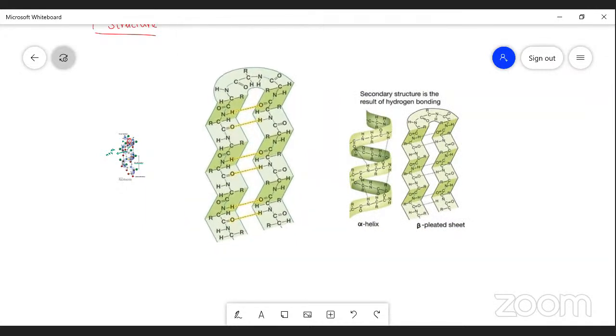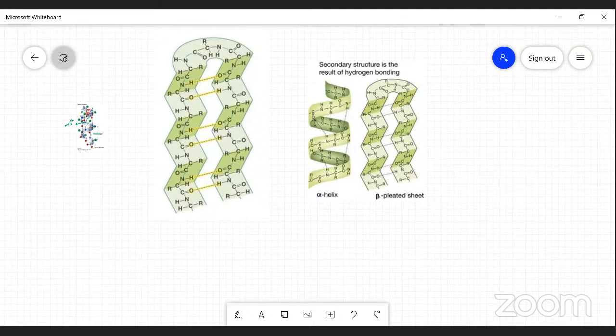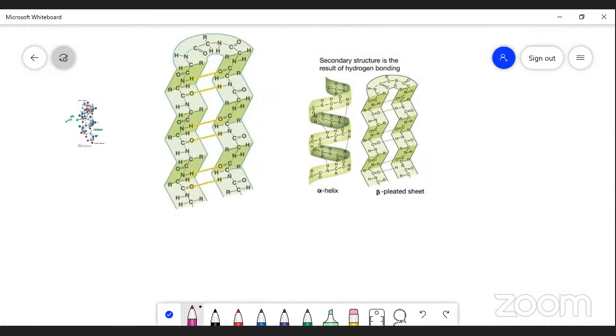So listen, students, this is the beta pleated structure. In this beta pleated structure, we get more hydrogen bonds formed between NH and CO. Here there is NH and CO, CO and NH, and CO and NH.